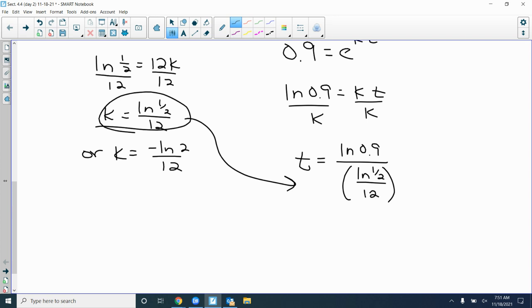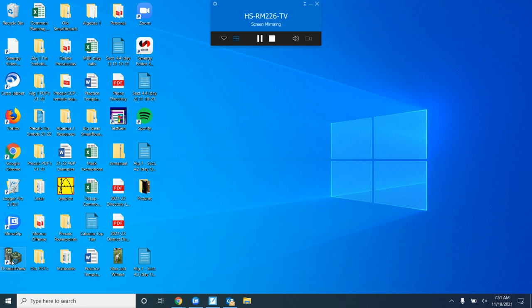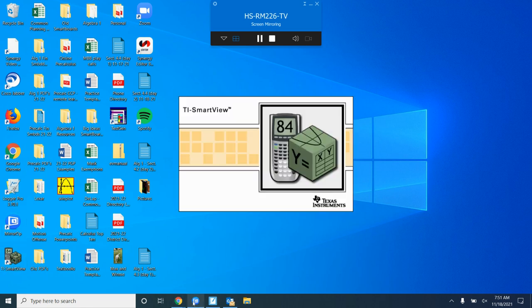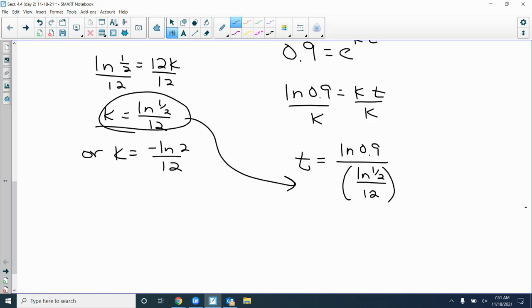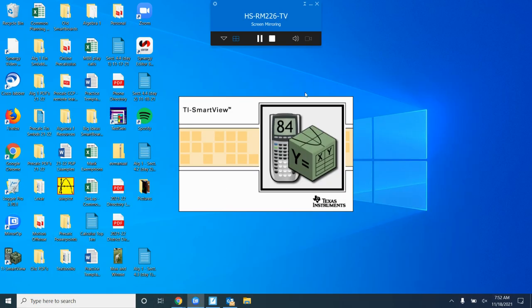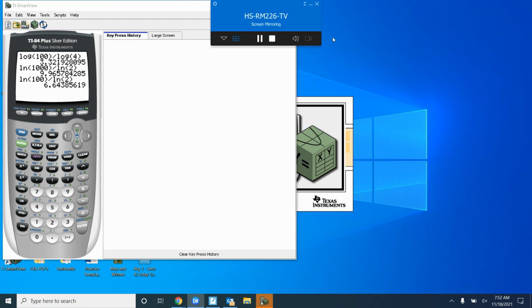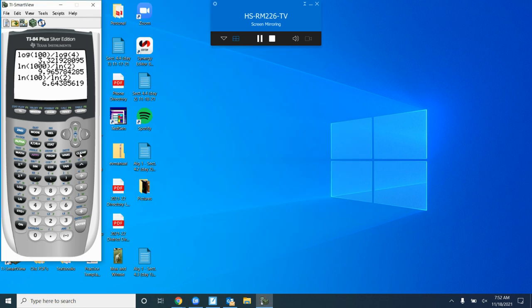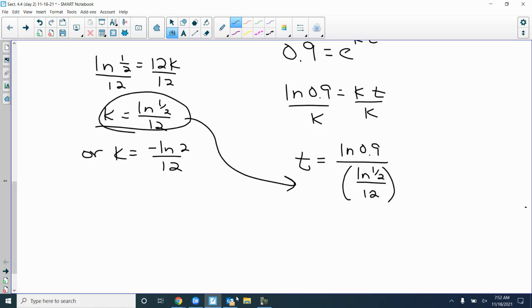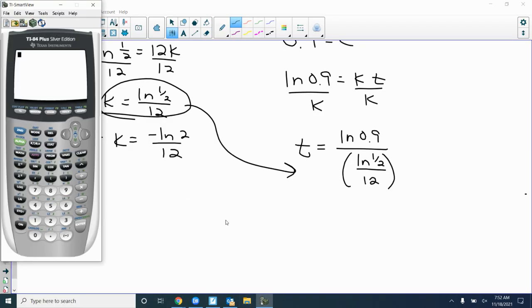If you didn't get it originally, I'm going to pull up my calculator here real quick. Type it in. Make sure you get that. Let's see, is it popping up? Yep. All right, so we got natural log of 0.9, and you can type it all in at once, or you can go step by step.